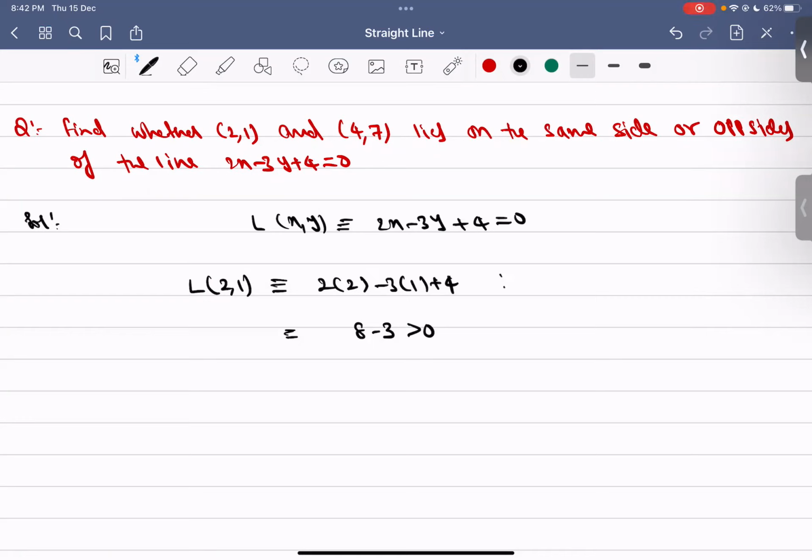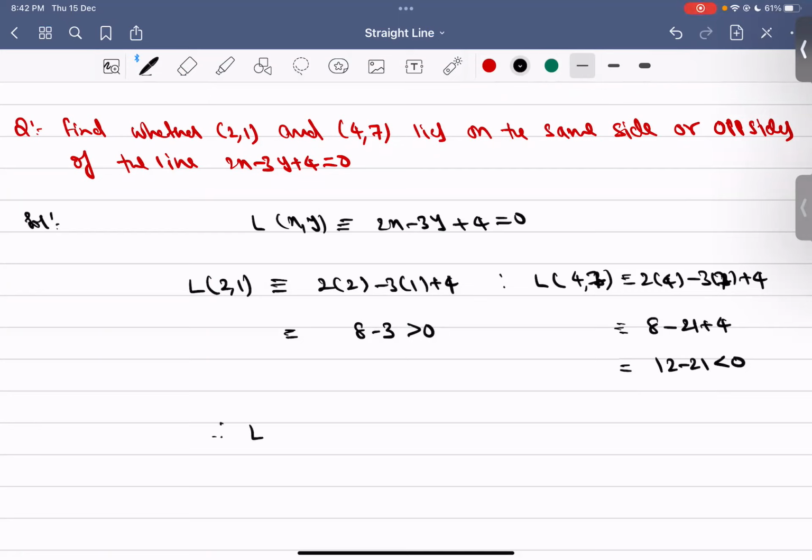Now L of (4, 7) is 2 times 4 minus 3 times 7 plus 4, which is 8 minus 21 plus 4, that is 12 minus 21, which is a negative quantity.